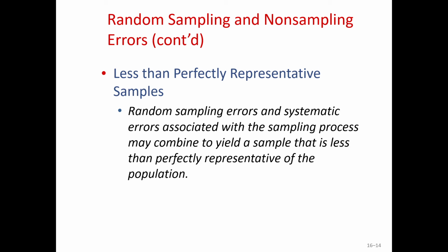Random sampling error may cause an imbalance in the representativeness of groups, and additional errors will occur if individuals refuse to be interviewed or cannot be contacted. So we have such non-response errors that may also cause the sample to be less than perfectly representative, and then the actual sample is drawn from a population different from or smaller than the ideal one.